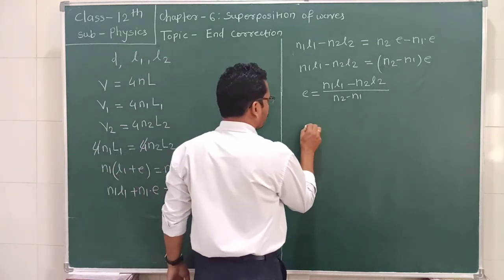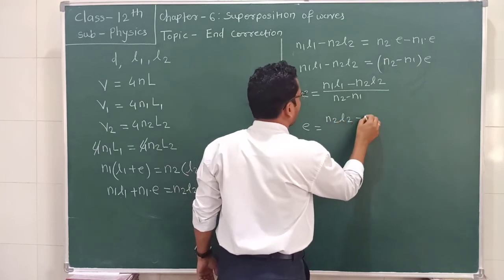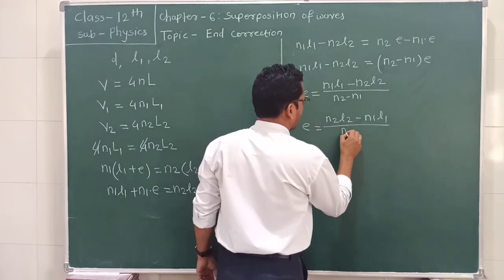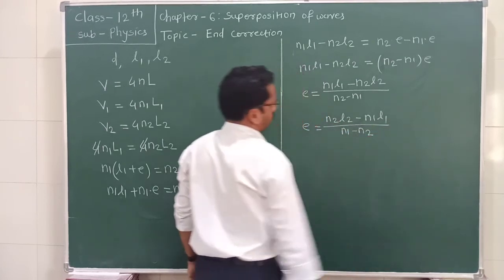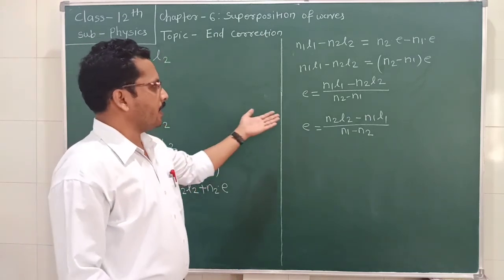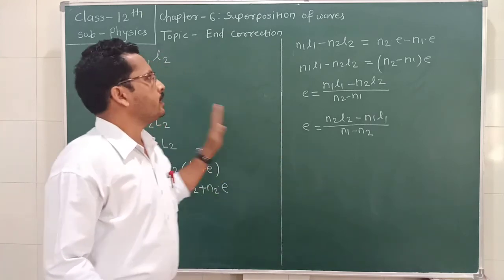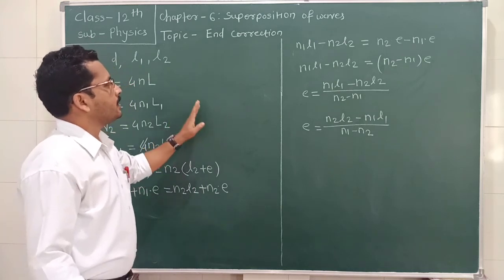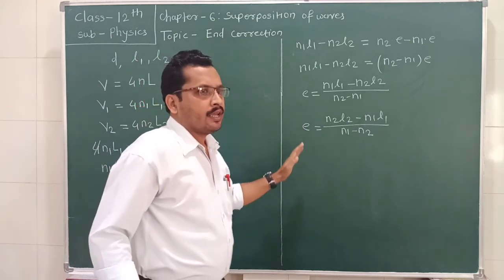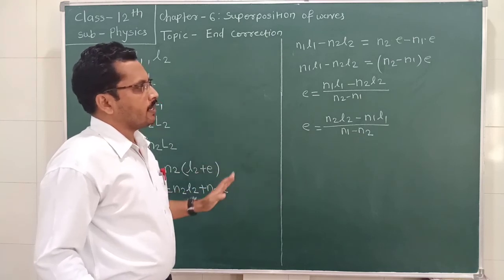This formula can also be written as E is equal to N2 L2 minus N1 L1, and it is divided by N1 minus N2. So by using these two formulas you can determine the value of end correction in the case of pipe which is closed at one end. So in this way today we see how practically the end correction can be calculated in the case of a pipe which is open at both end and closed at one end.